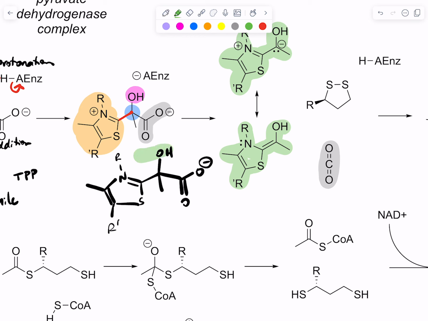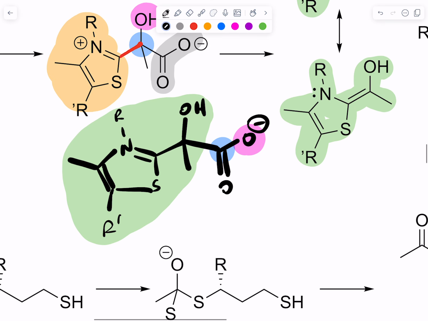Now we're going to consider all of this to be a leaving group. We'll call this oxygen the kicker offer, and this the carbonyl carbon. And if this is the carbonyl carbon, this is the alpha carbon. What do you notice about the beta carbon?